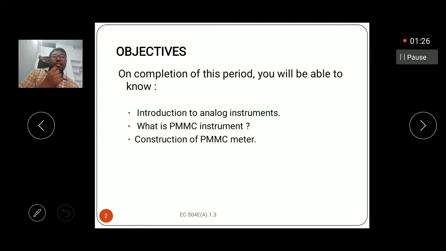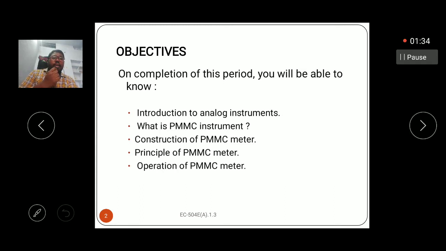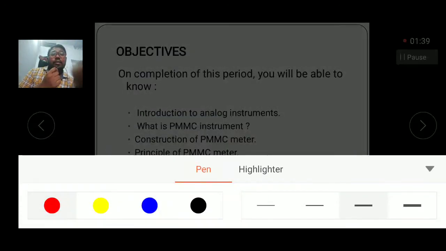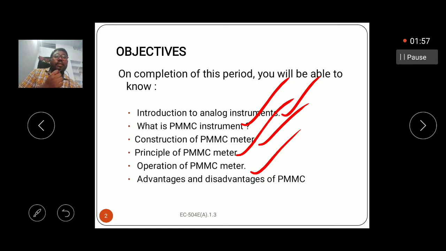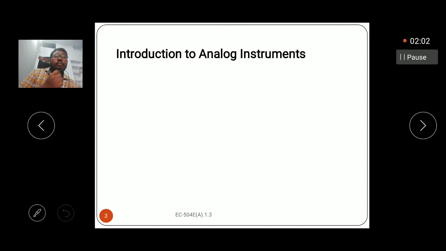After that, the construction of the PMMC meter and the principle of the PMMC meter, and then the operation of the PMMC meter, and also the advantages and disadvantages of the PMMC meter.